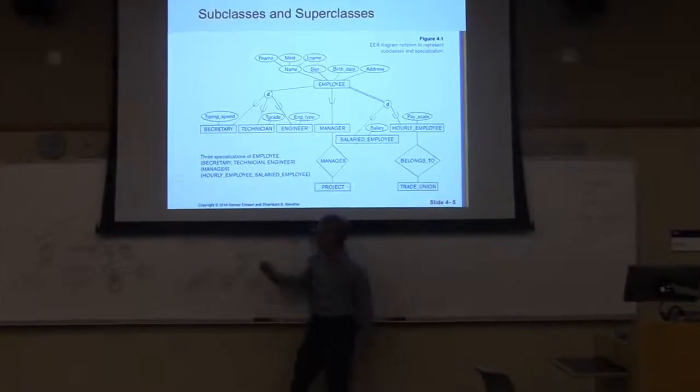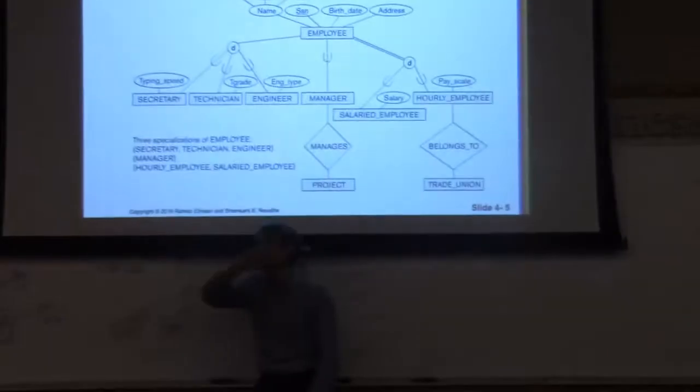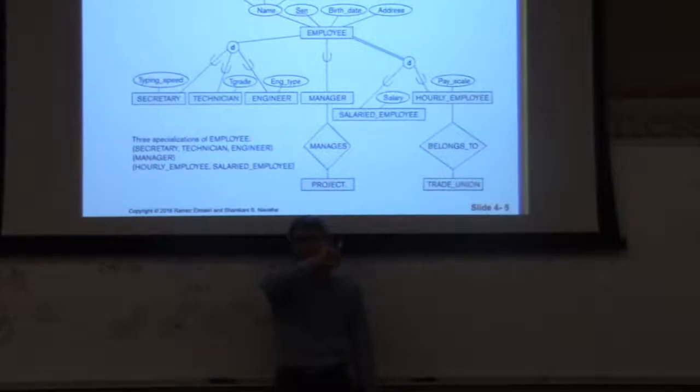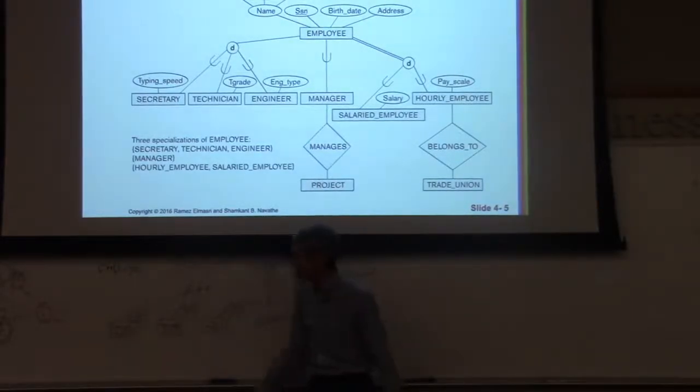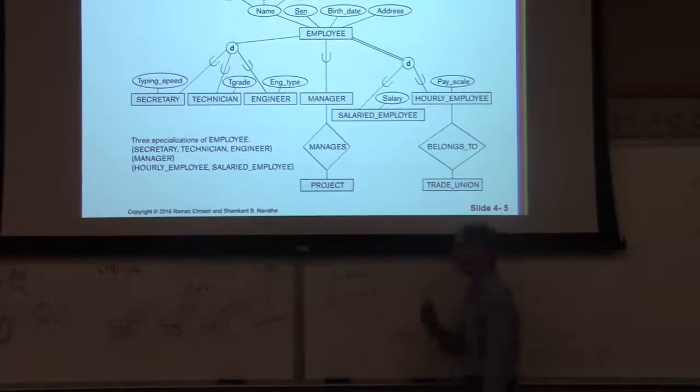Okay? When you inherit, only one inheritance. So it's disjoint. So an employee should be one: the engineer, or technician, or secretary. If this one is a single line, just a general employee, none of this. That's disjoint.